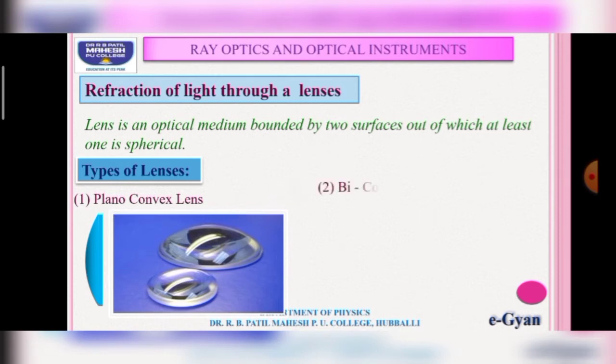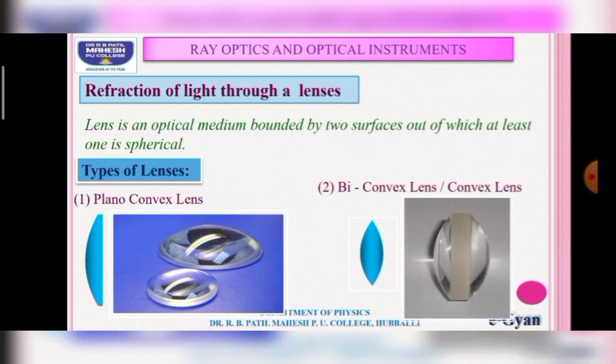Second, the biconvex lens, or simply the convex lens. In this lens both the surfaces are curved and convex in shape, hence these lenses are called convex lens or biconvex lens.